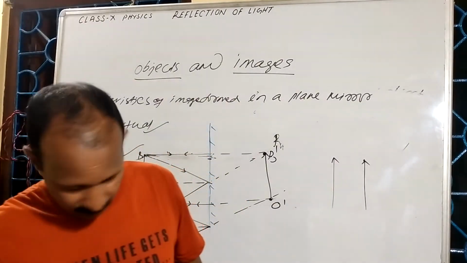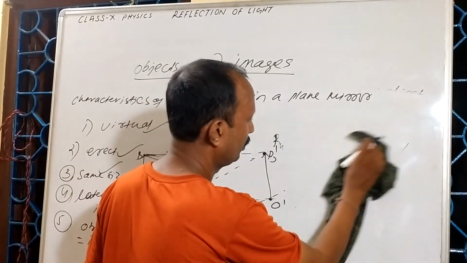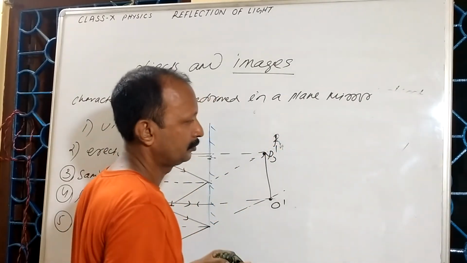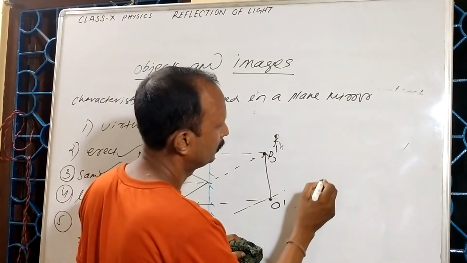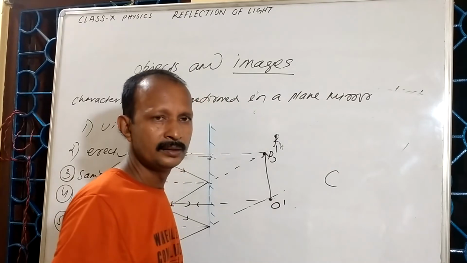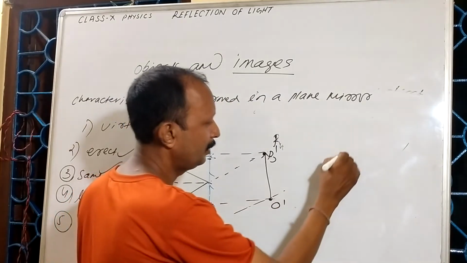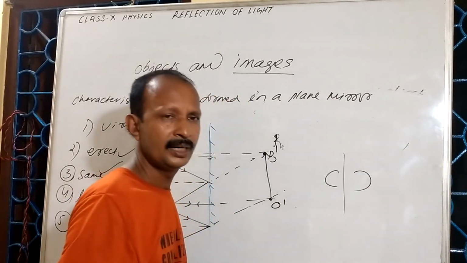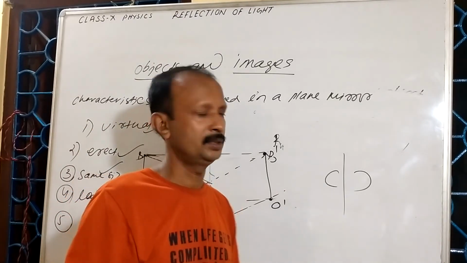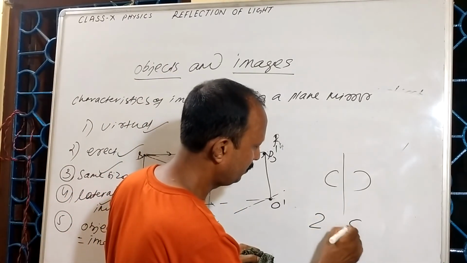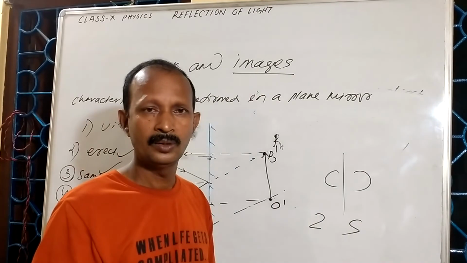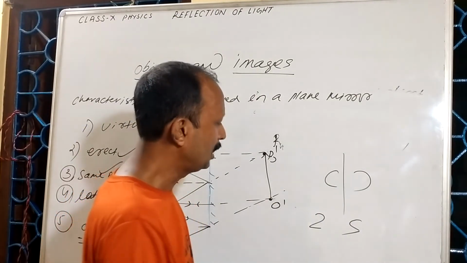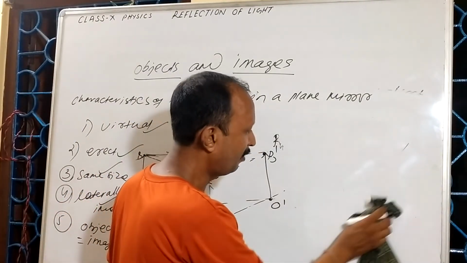But if I write like this, in the mirror it will appear like this, just opposite. If I write 2 in the mirror, it will appear like this. This is due to lateral inversion.